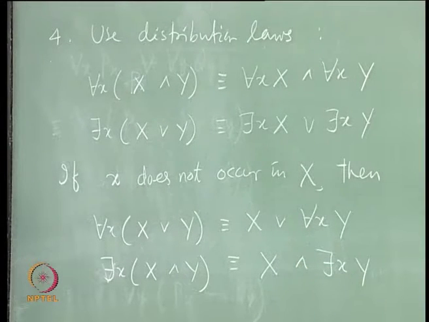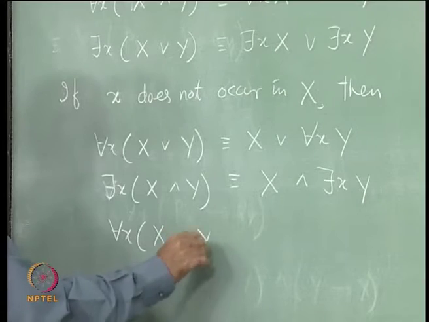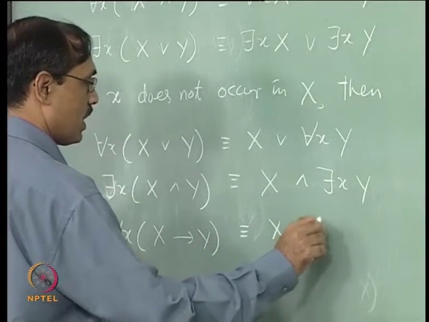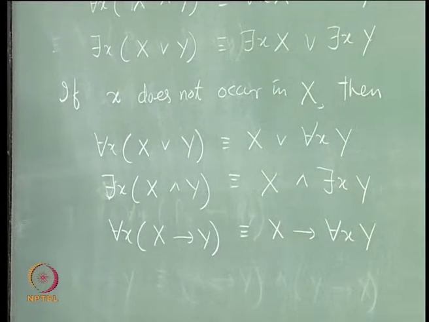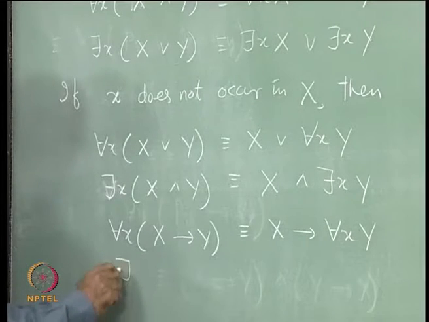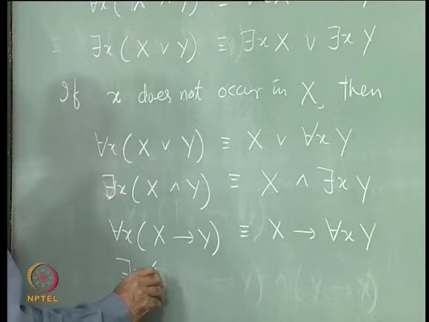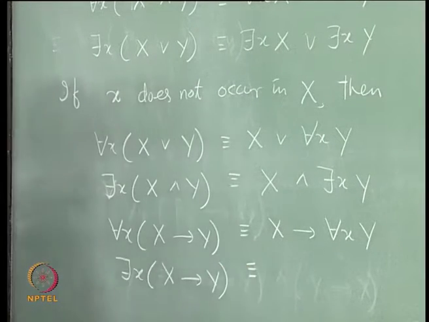Now, for the implies, for each x, X implies y will be equivalent to X implies for each x y. And there is x, similar.